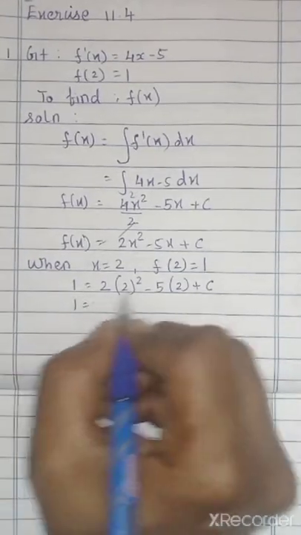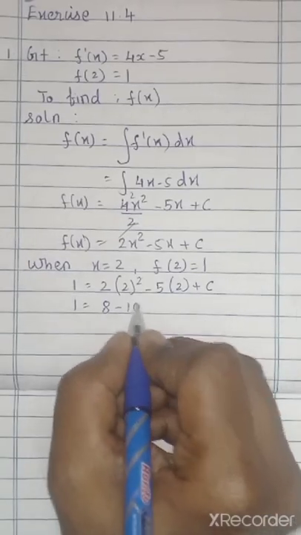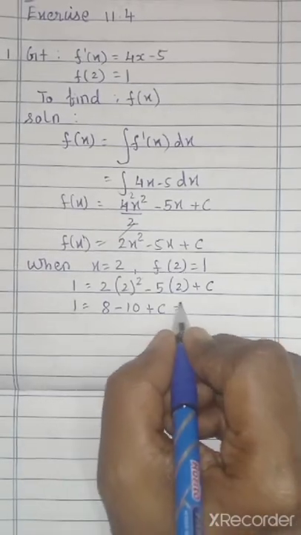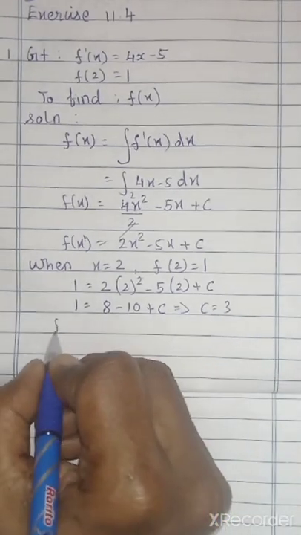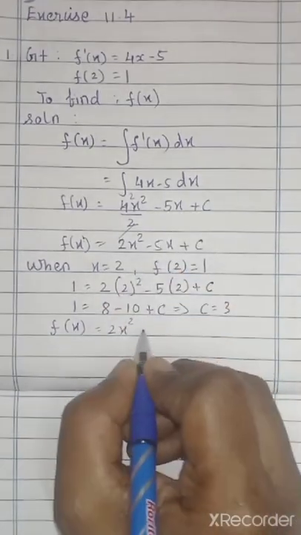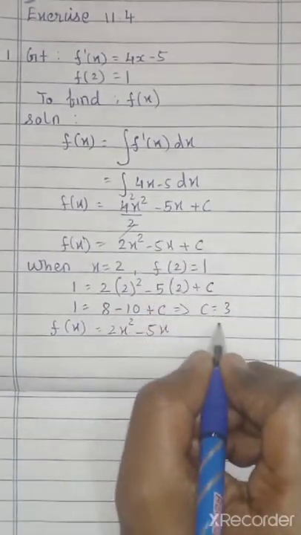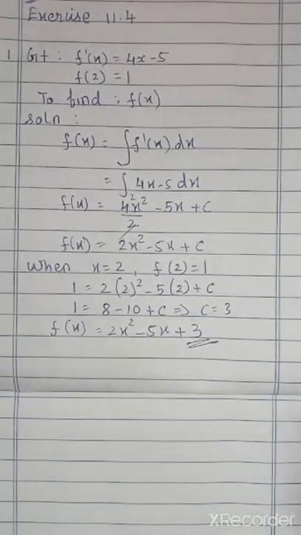So 1 equal to 2 2s are 4, 4 2s are 8, minus 5 2s are 10, plus c. That is c equal to 3. Okay, so f of x equal to 2x square minus 5x, and instead of c, what do we have to substitute? Plus 3. This is your final answer.